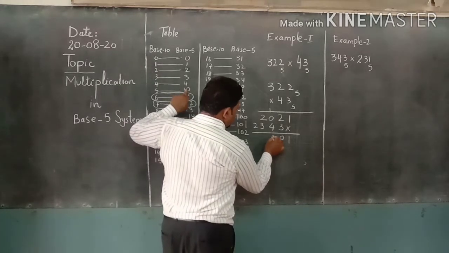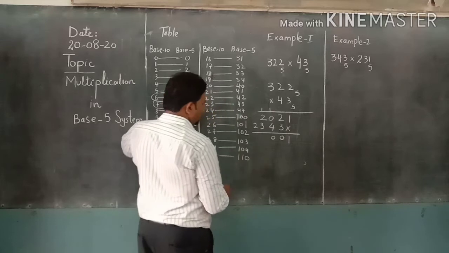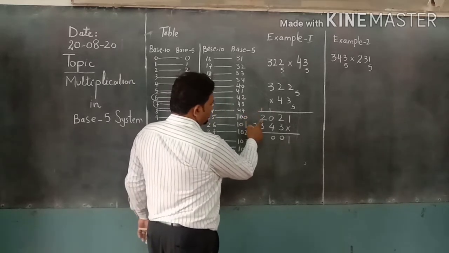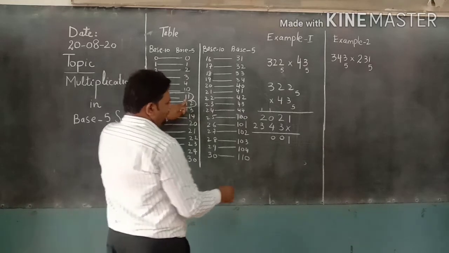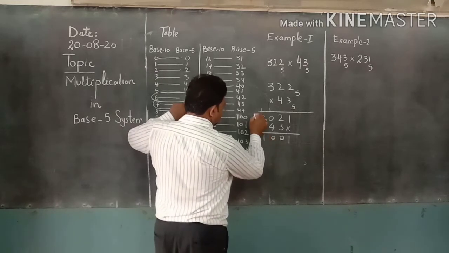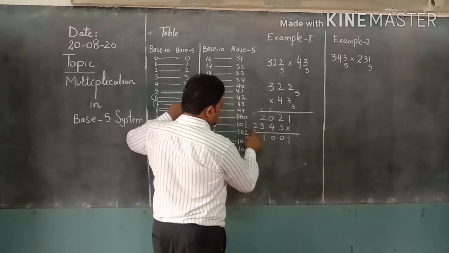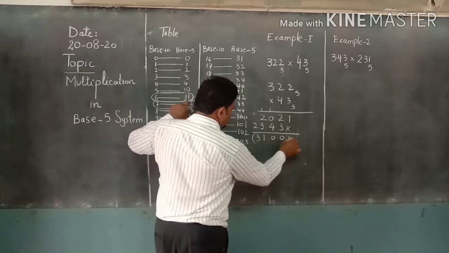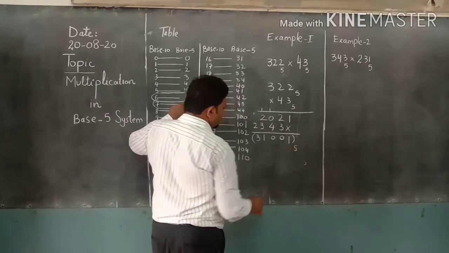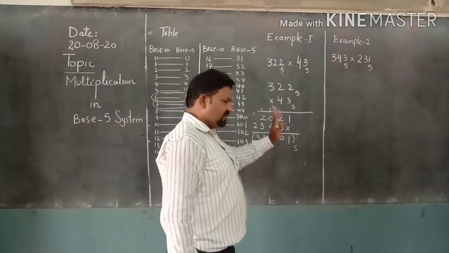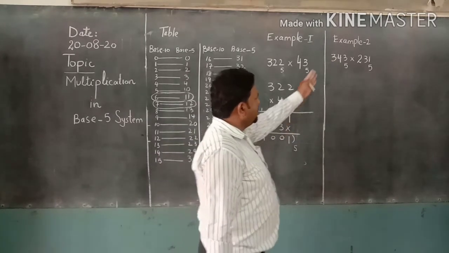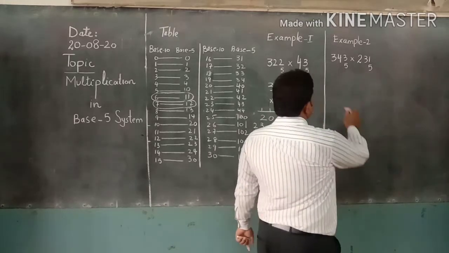We write 0 here and take 1 as a carry. 1 plus 2 is 3, 3 plus 3 is 6, and 6 is equal to 11. We write 1 here and take 1 as a carry. 1 plus 2 is equal to 3. So this is the answer: 31001 base 5.